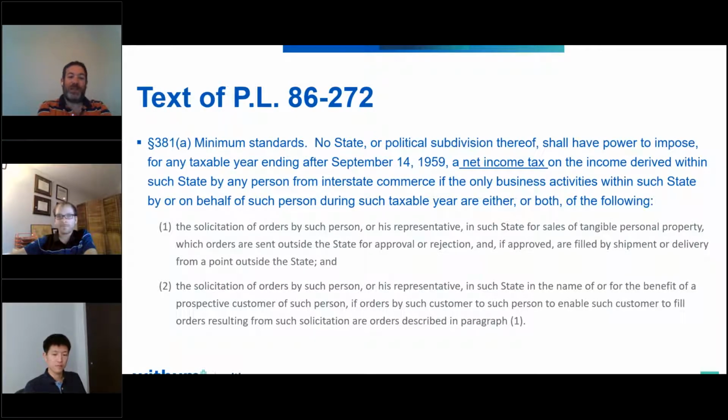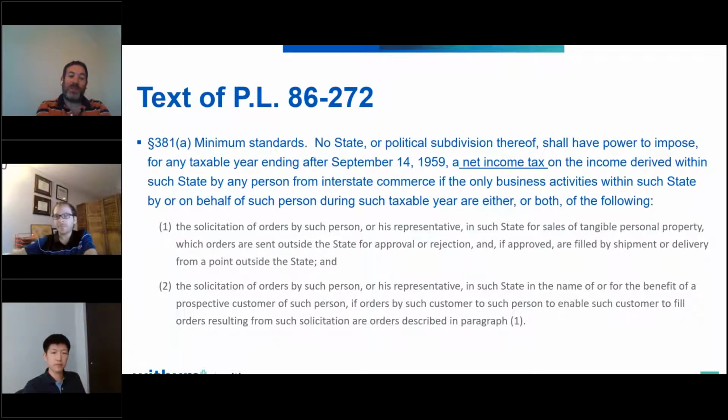So, the text of Public Law 86272. We're not going to read the text of the law, but one of the things about putting the presentation together is I realized it had probably been well over 10 years since I actually sat down and read 86272 verbatim. It covers 3 separate code sections within 15 U.S.C. Again, it's specific to net income taxes and to interstate commerce.